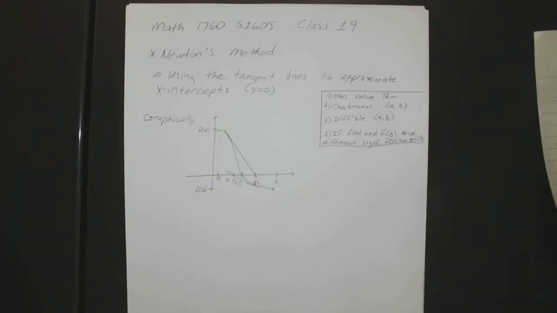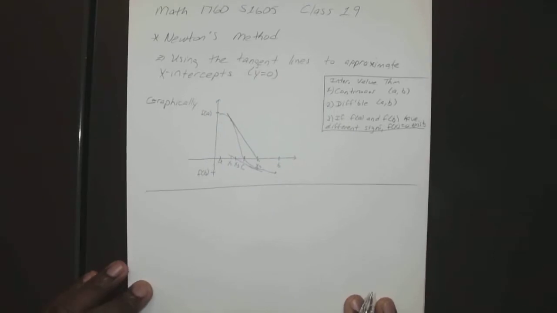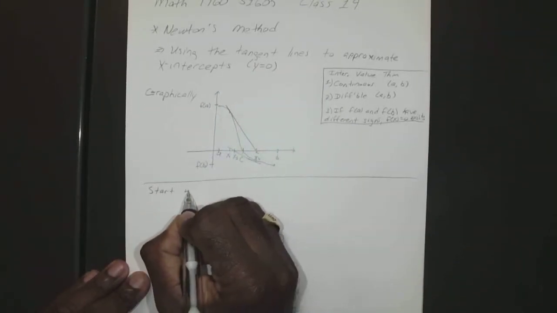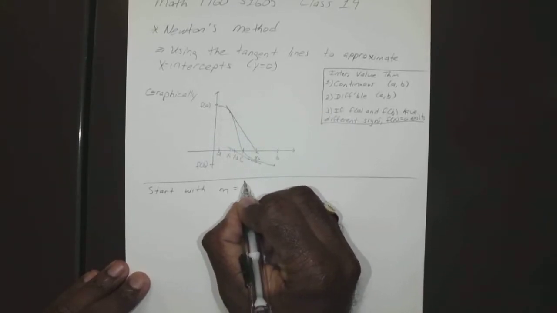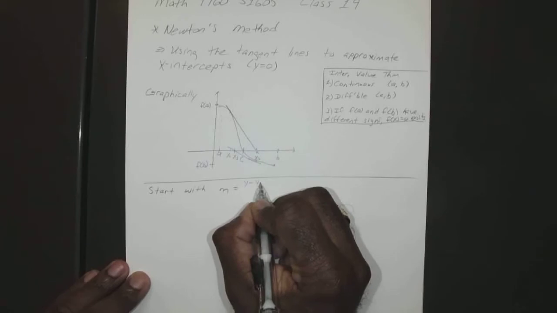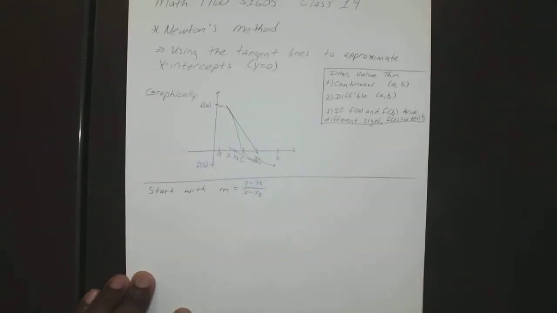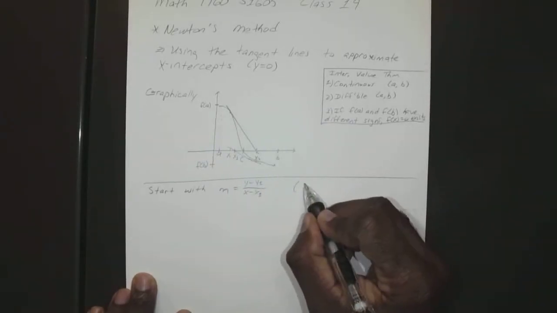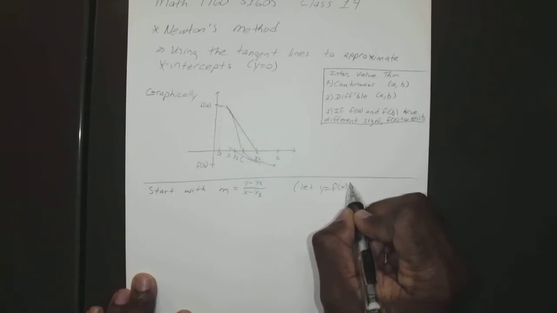So if we look at it, yes, as far as equations go. Okay, so let's say if we start with our good old reliable slope is equal to y minus y1 over x minus x1. And let's say if we let y equals f of x.